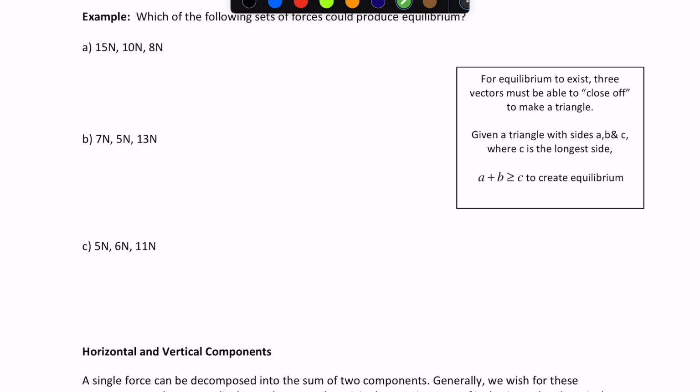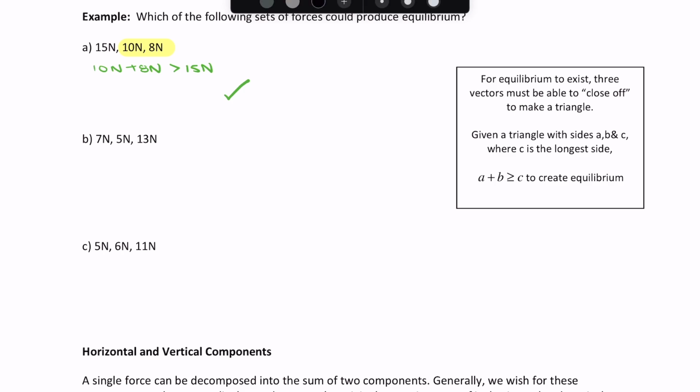And so here, if we look, we have 15 newtons, that's the longest side. So here, 10 newtons plus 8 newtons would be greater than 15 newtons. So here, this produces equilibrium.